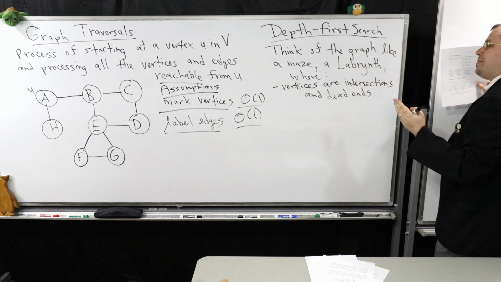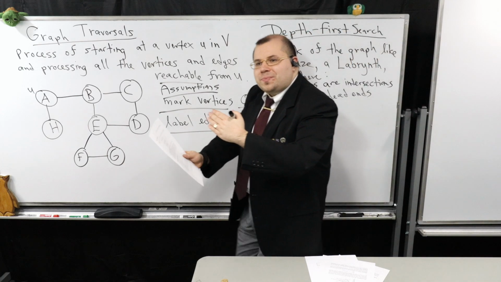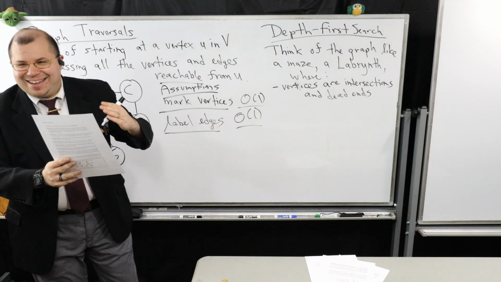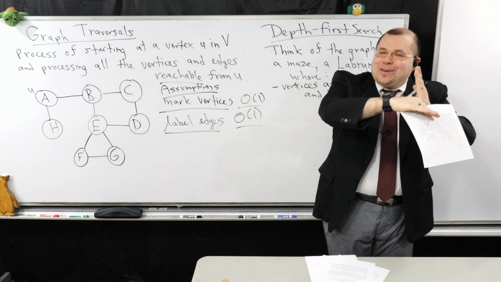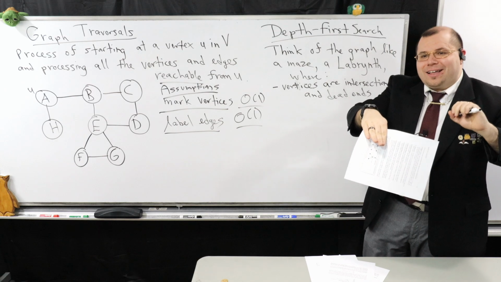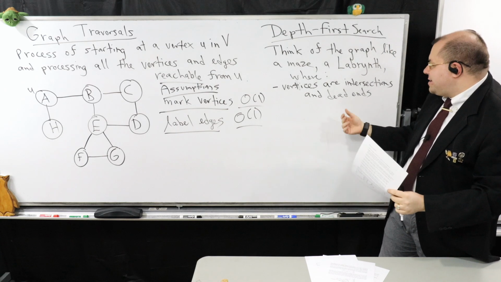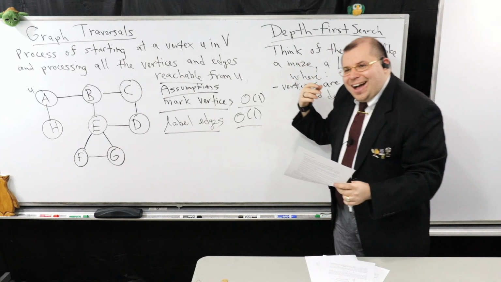If you imagine you have a maze, like a really big maze, when I'm talking about the intersections, I'm talking about where corridors meet at a given point. That's what I'm referring to as an intersection. And a dead end is simply where you're at the end of a corridor and you're hitting a dead end.